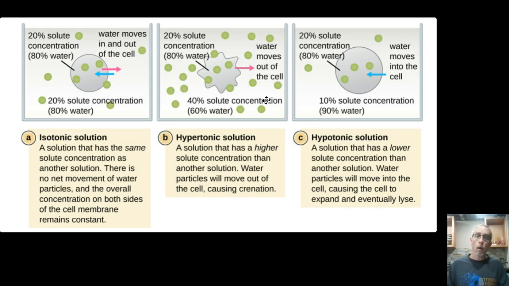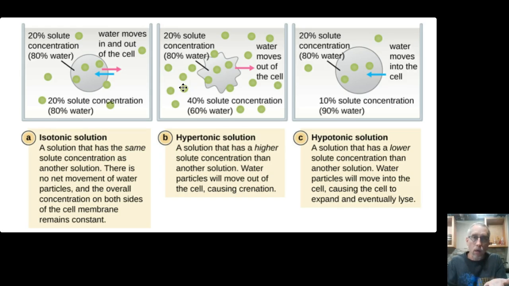Well, where's the water going to come from? It can come from inside the cell, because that also, remember, makes the cells more concentrated, right? So instead of maybe a 20% solute, it's going to rise up to something higher than that. And the 40% concentration that we have in our hypertonic solution is going to come down a little bit, and water will stop moving out of the cell once we reach the same concentration.